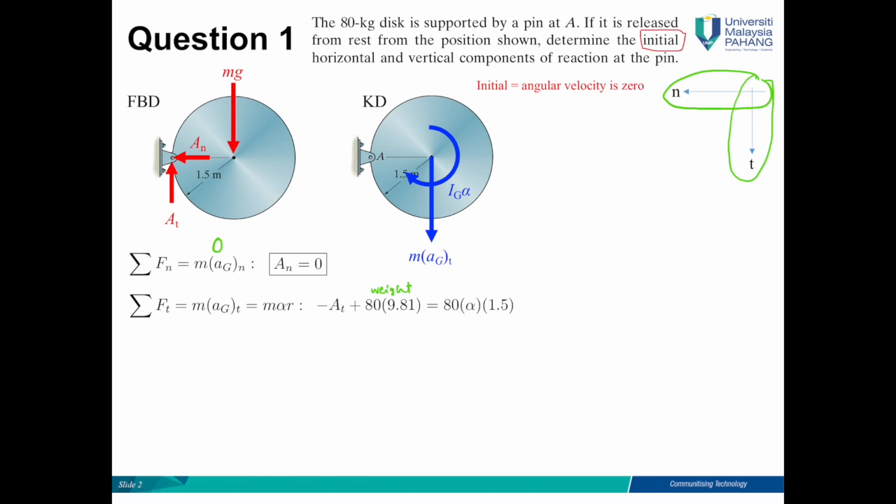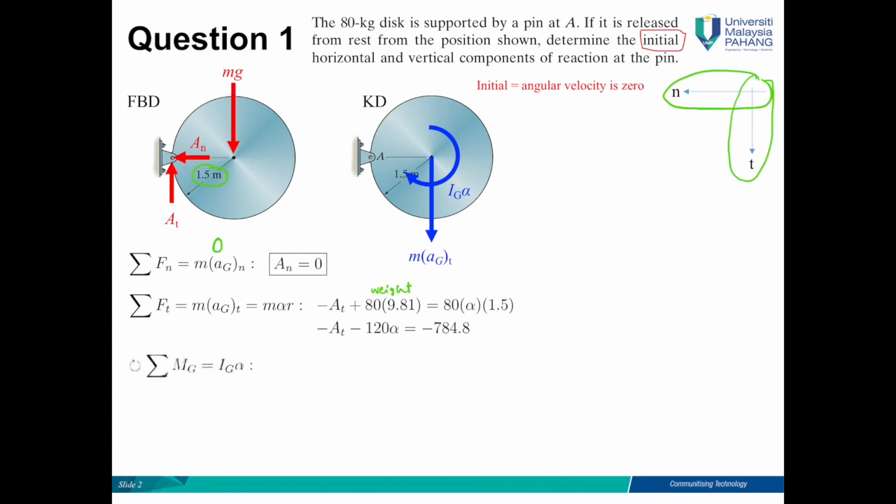R here is the radius of the disk, which is 1.5. So we have minus AT minus 120 alpha equals minus 784.8. So that is one equation. We need another equation to solve the unknowns. We move on to the moment equation.